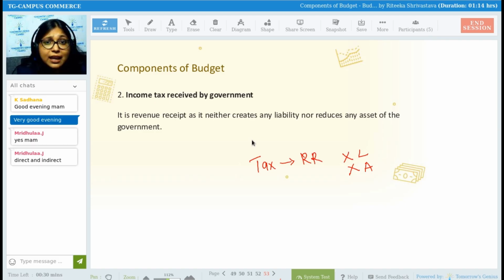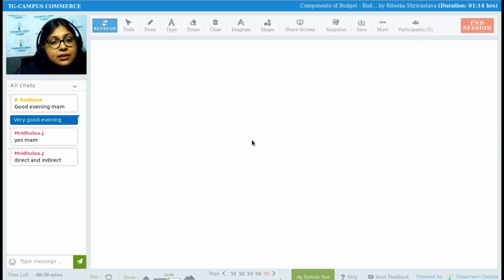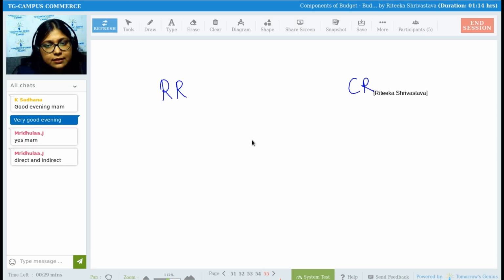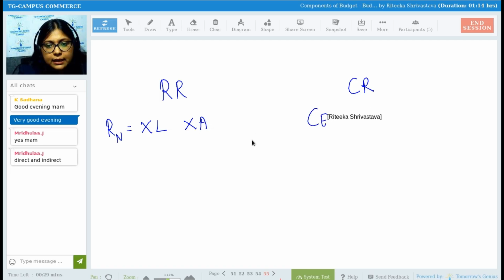Gokul, how come it is a capital receipt? Just now I said, simply remember this thing. Why are you all getting confused? Revenue receipts, RN, which means neither create liability, nor reduce assets. Capital receipts is for CE.